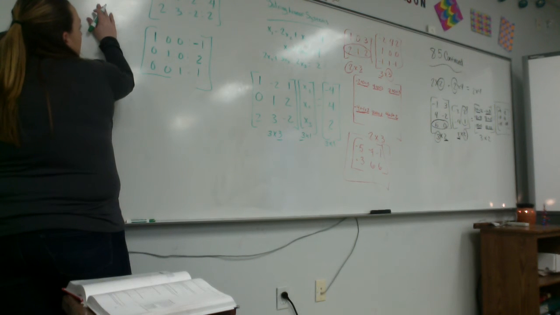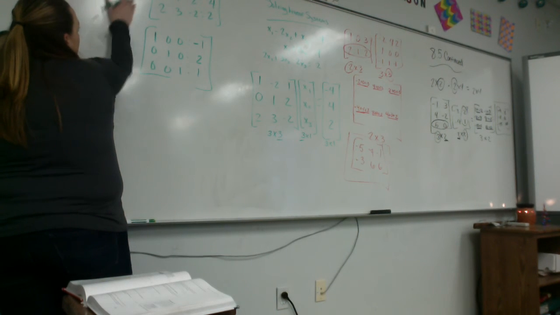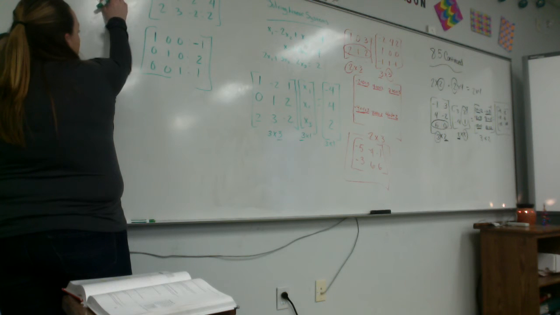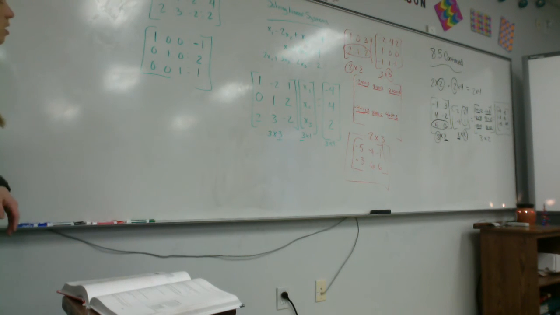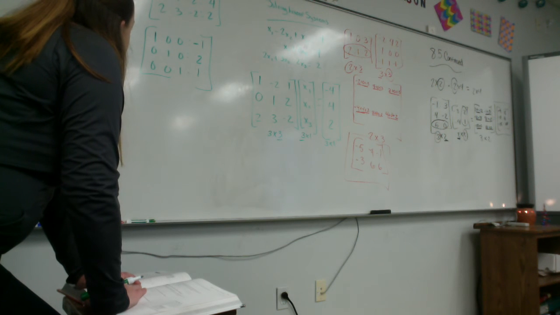Let's see here. If I multiply the first row, yeah, then that's going to give you that. So we have to multiply the first row. Oh, lordy. Okay. And then you'll get your answers.